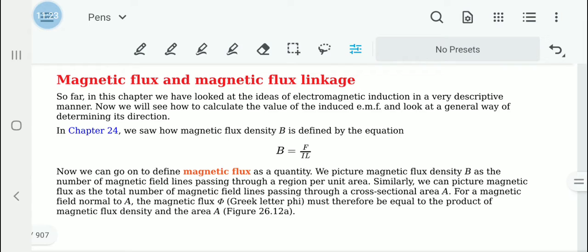Write down. Magnetic flux density was defined by the equation B equals F upon IL.